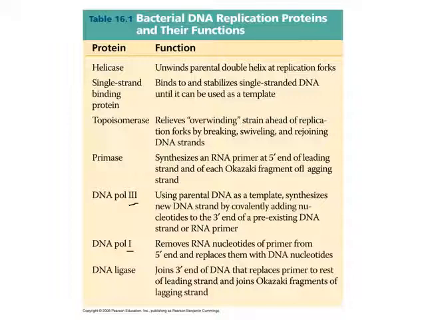If it's Greek letters, like DNA polymerase alpha, beta, that's eukaryotic. The eukaryotic has many, many more components, is much more advanced, and has better proofreading abilities.